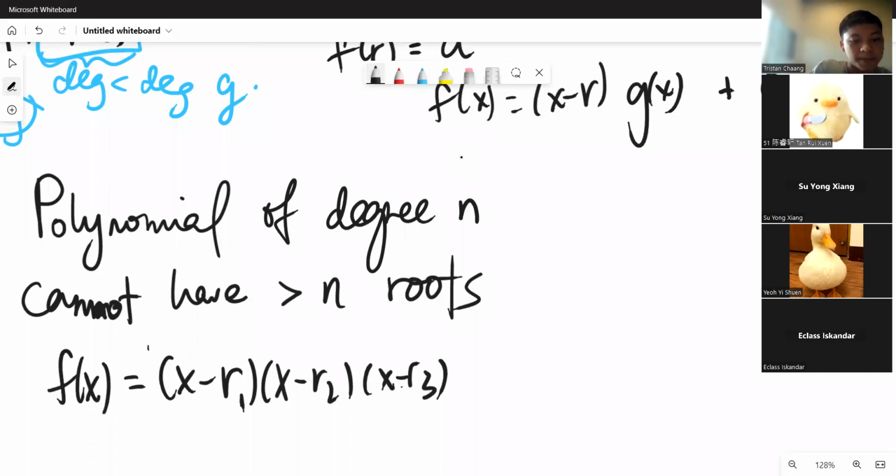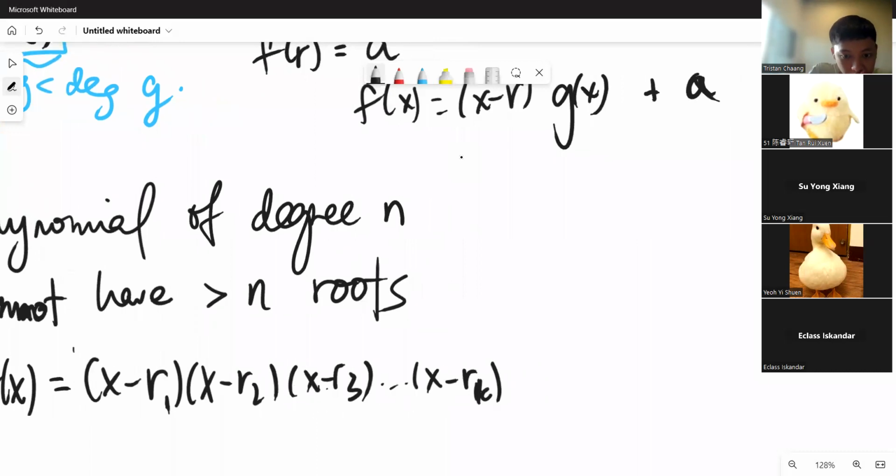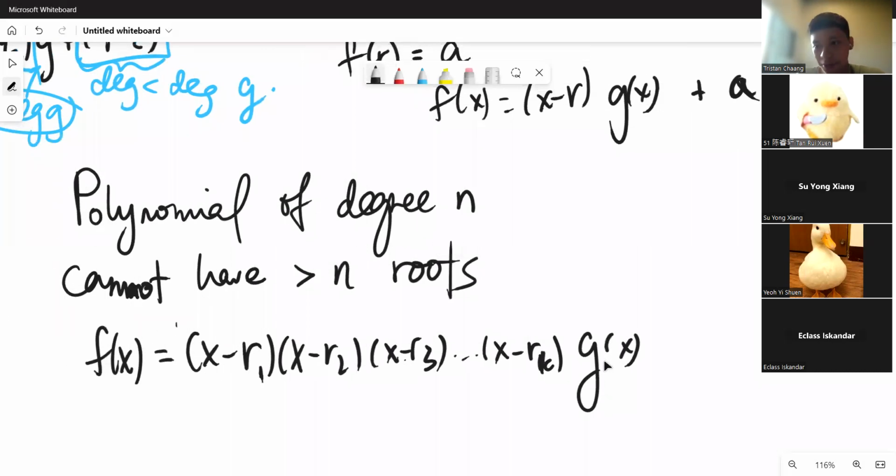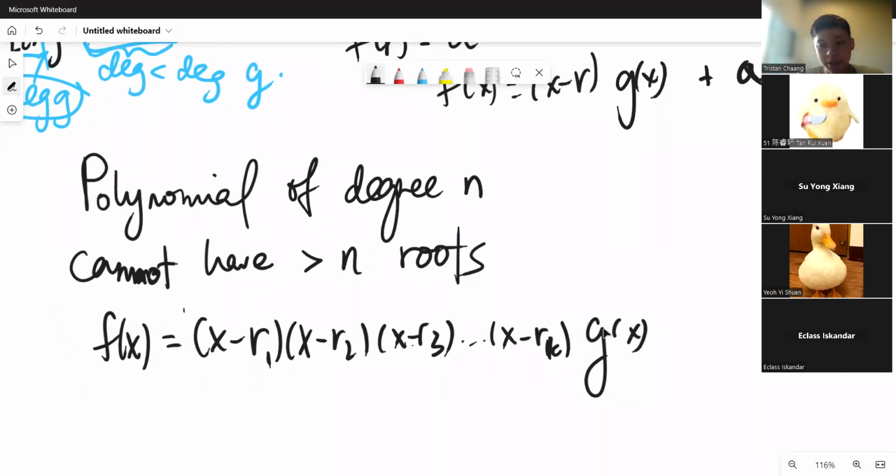So let's say we keep factoring until rk, and maybe there's a leftover polynomial, let's say gx, where gx has no roots anymore. So that's what we call an irreducible polynomial if you want. So this irreducible polynomial times a bunch of this.